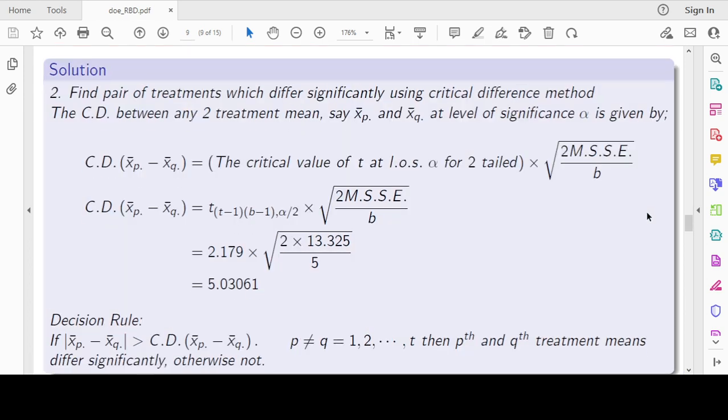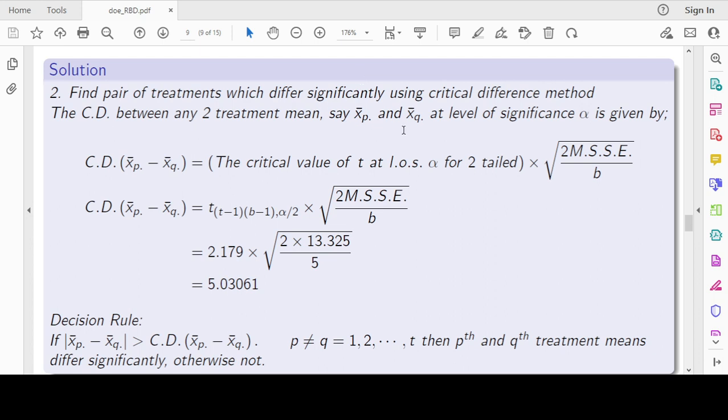Then the second part is to find a pair of treatments which differ significantly using the critical difference method. The critical difference method: CD between any two treatment means, say x bar p dot and x bar q dot, at level of significance alpha, where the pth and qth treatments are considered here.